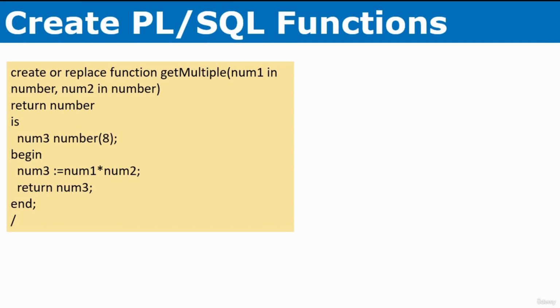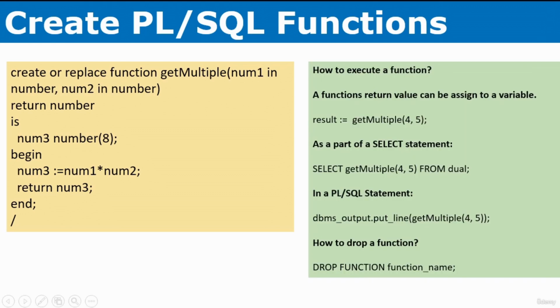In the begin statement, I've initialized the num3 variable. I've assigned it to variable number 1 times variable number 2, and that will return a new value for variable number 3. So there are various ways I can execute this function.